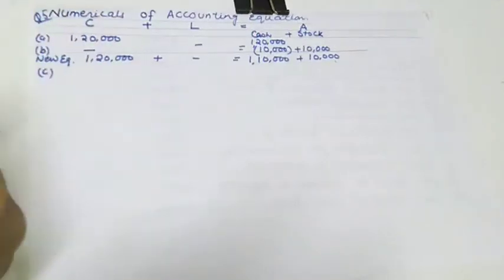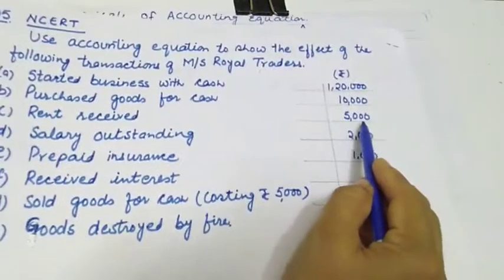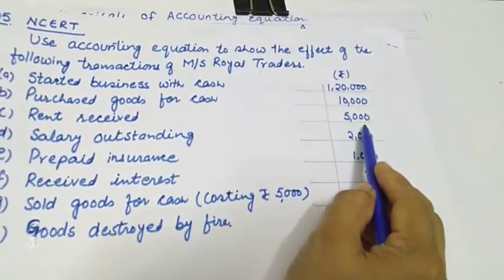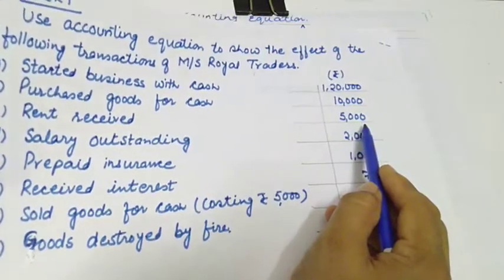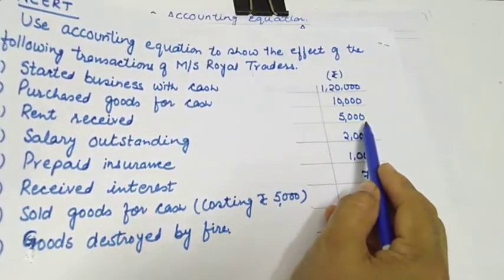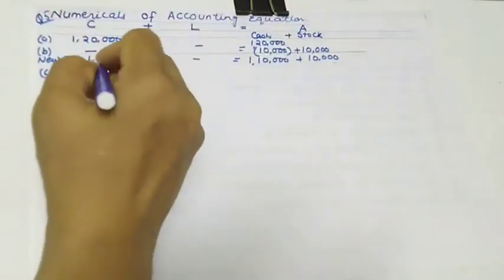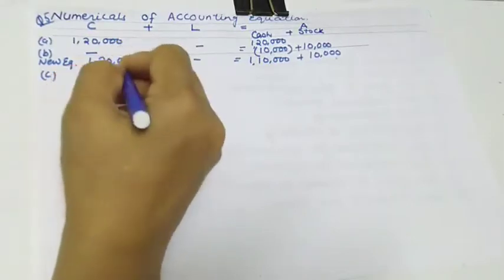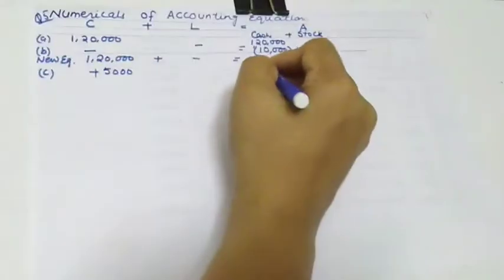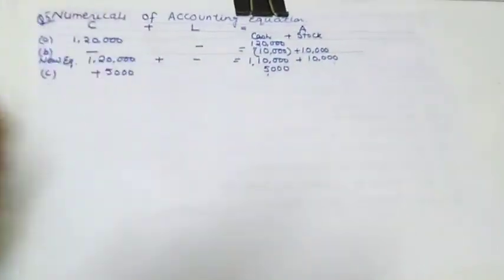Next transaction is rent received. We are receiving a rent of rupees 5,000. So rent received means this is your income, and I told you whatever incomes are there, all incomes will be added to the capital. So here you will add 5,000 to capital and 5,000 will be added in the cash also.